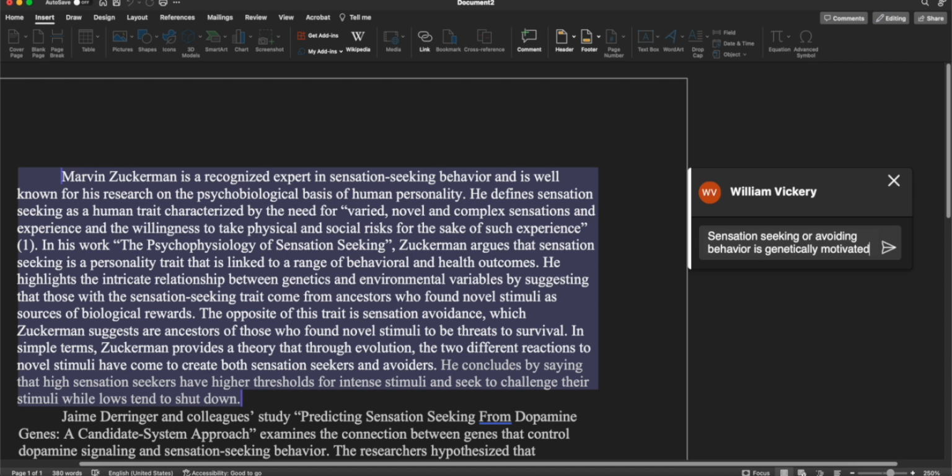In some environments, we're borrowing some language from the original here, which is good. You always want to do that.